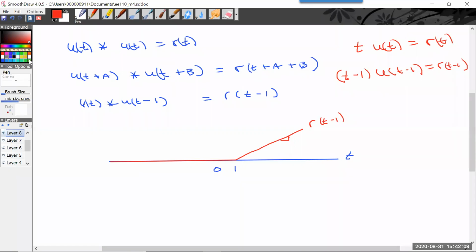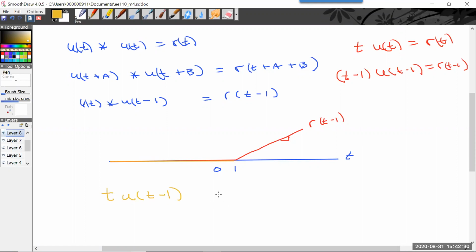I don't like to do it wrong, but let's do t u(t minus 1). So it's going to be 0 up until minus 1, and then we're going to start multiplying by t.